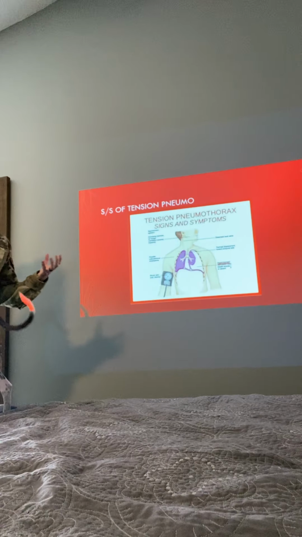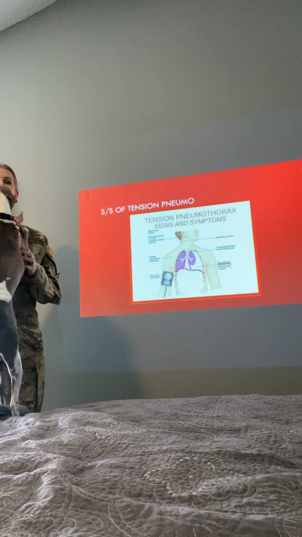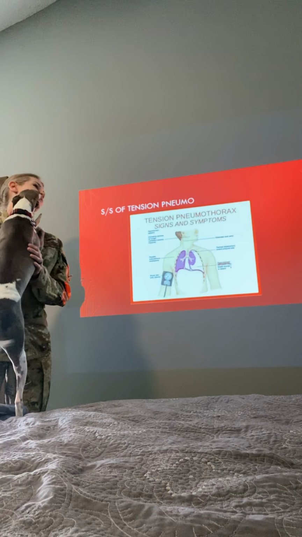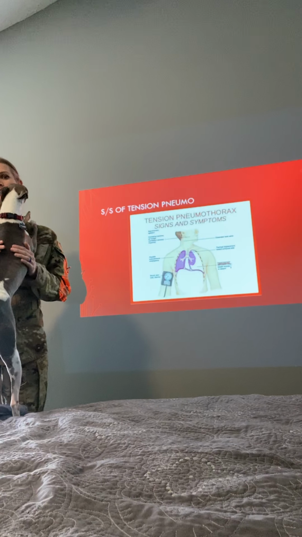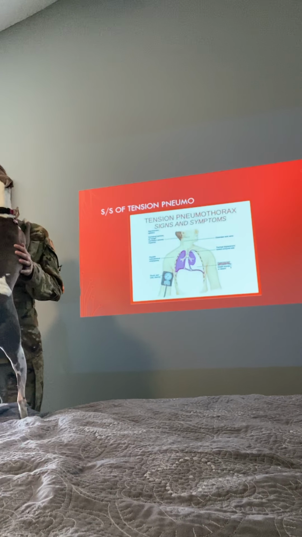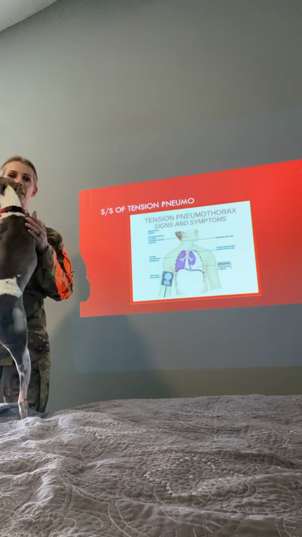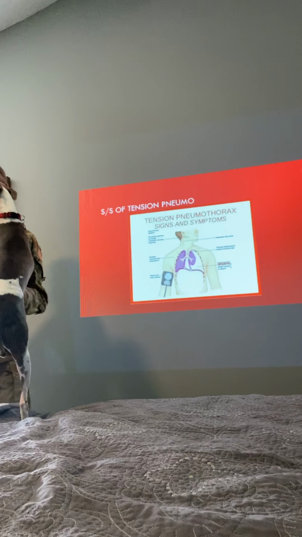The pressure of the air getting sucked into the chest cavity places additional pressure on the great vessels, and so you don't have your normal venous return coming back to the heart. So you'll see profound hypotension. These patients tend to just crash and burn if you're not getting that air out of there.